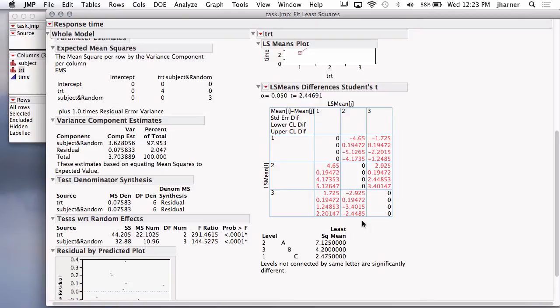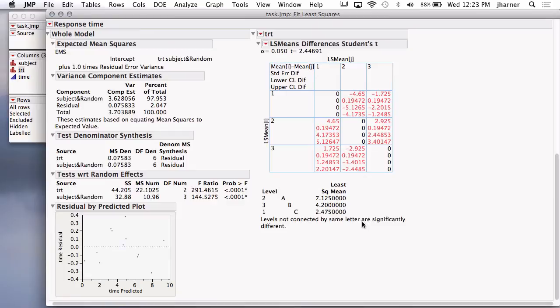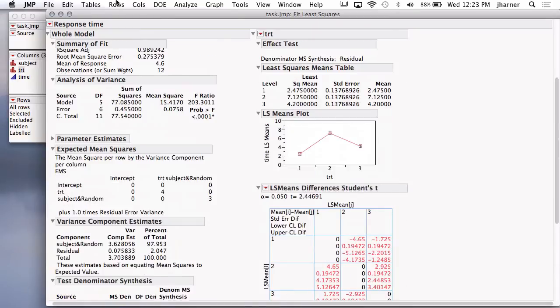I need to check whether the error term is always the residual. But if the error term is not the residual, then it's definitely not going to be okay. You'll see why this is a problem for R a little bit later. At any rate, I did want to point out one more thing.